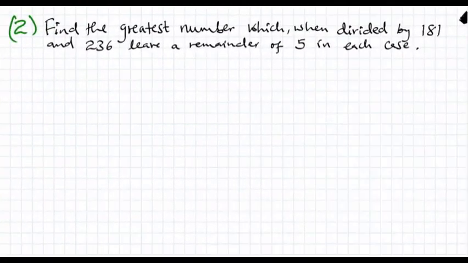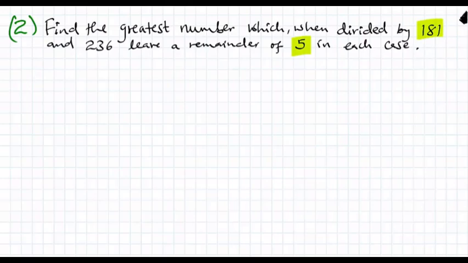Now, the other question, which is also very, very important for us to attempt: find the greatest number which, when divided by 181 and 236, leaves a remainder of 5 in each case. So in this particular question, since there is a remainder of 5, we need to subtract 5 from the numbers that you have been given.